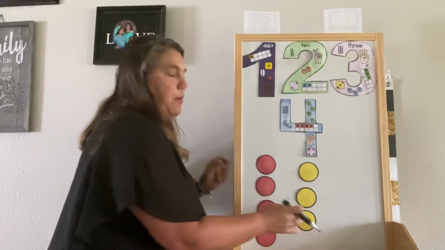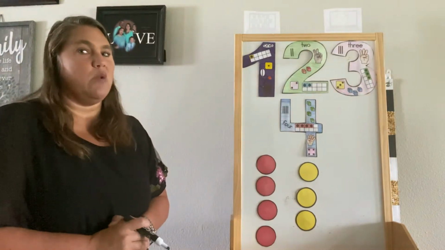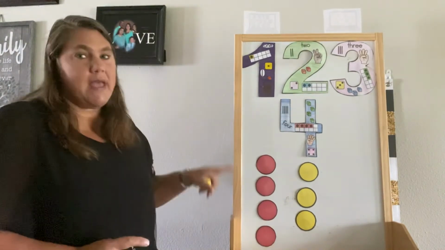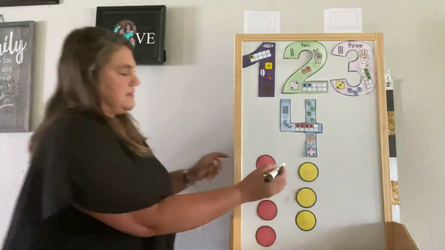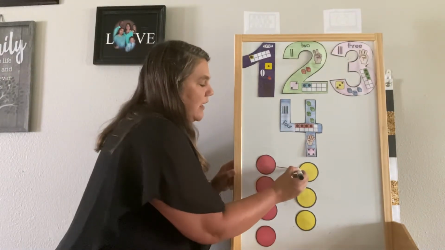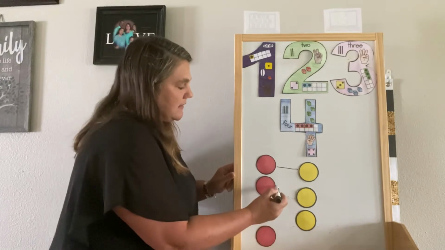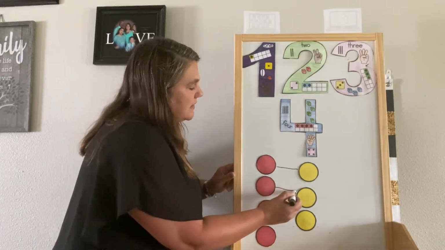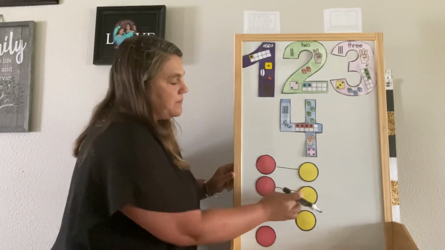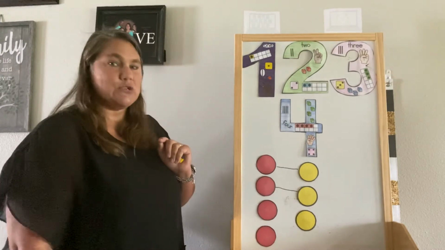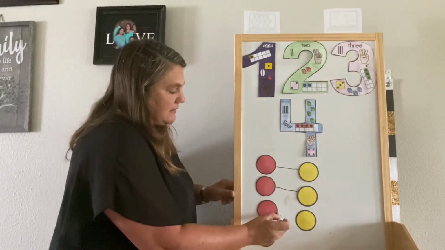All right, so let's partner them up and see if we really have more red than yellow. Let's see. Does this red one have a yellow partner? Yep, sure does. Let's look at this one. Does this one have a partner? Yep, sure does. And then let's look at this red one.